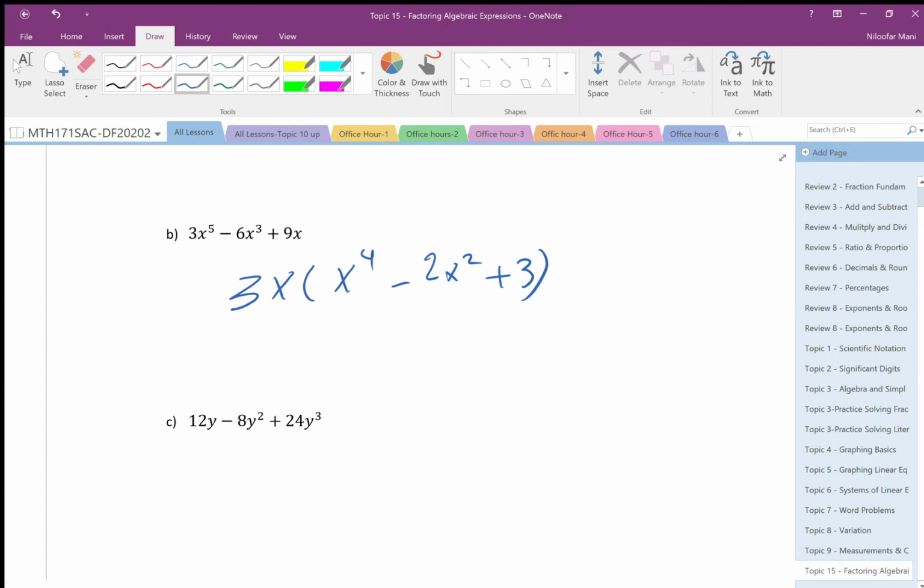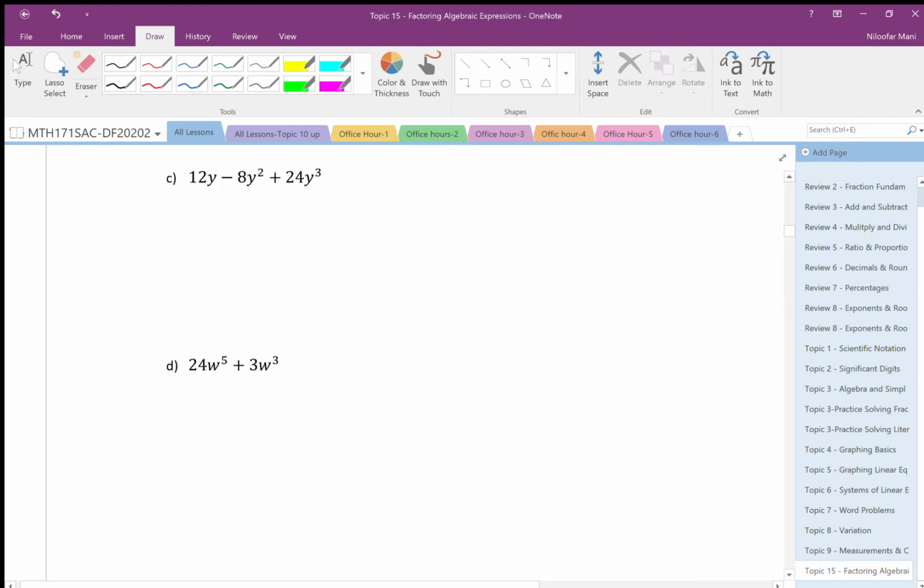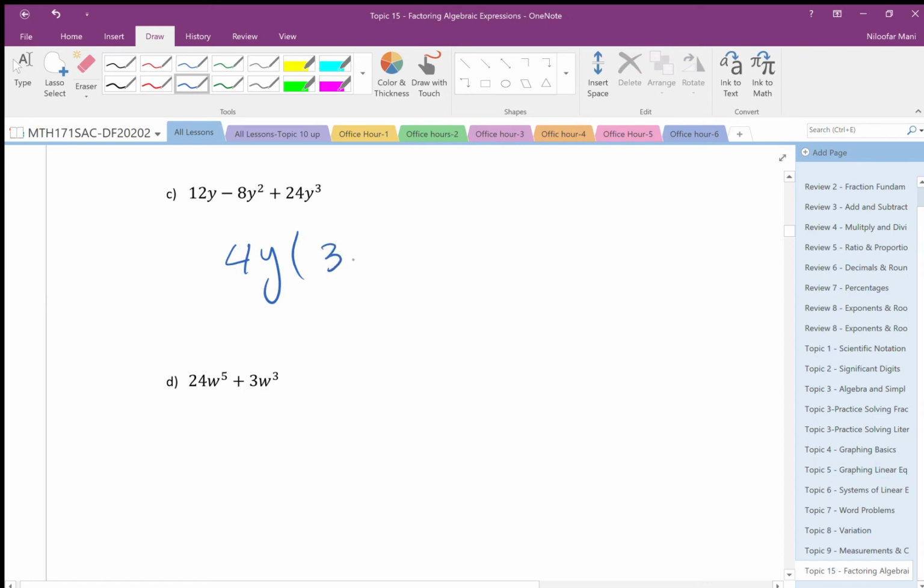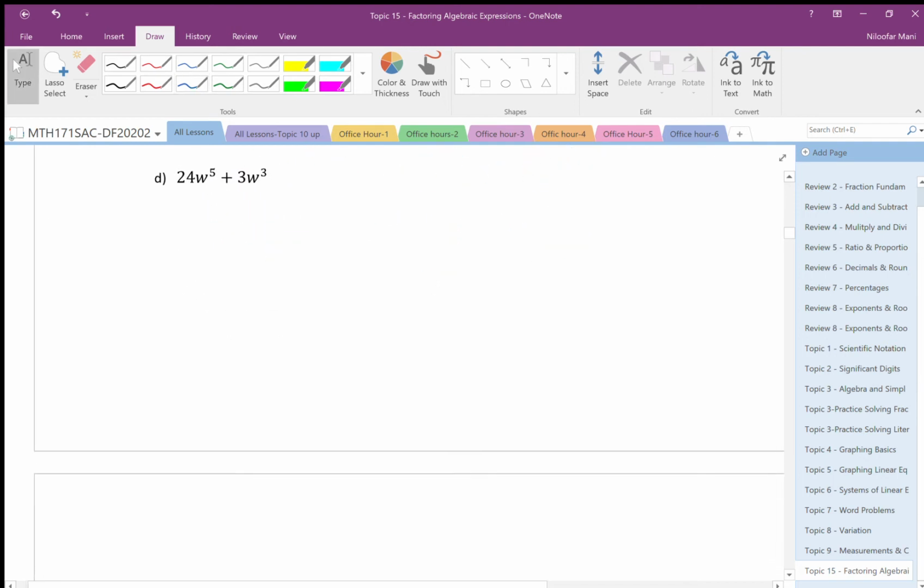Perfect. Now can I factor here? Yes, I can factor 4y, so 3 stays, minus 2y plus 6y squared, right? Yes.